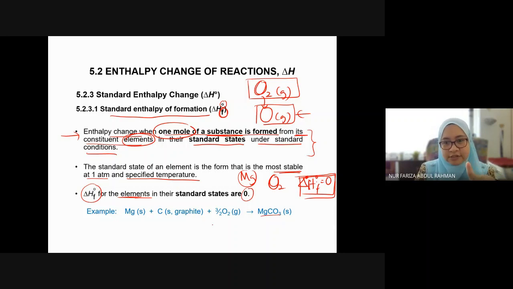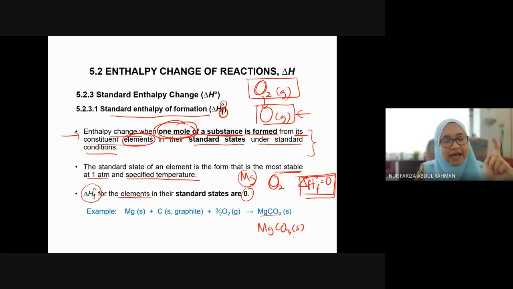Okay, alright, so we're going to start, cara dia adalah kita start from the substance itself, because they mentioned dekat sini, it should be 1 mole of a substance is formed. Okay, alright, so kita akan start MgCO3 in solid state. Okay, in this topic, you must include the state. Without the state, mark will be deducted.